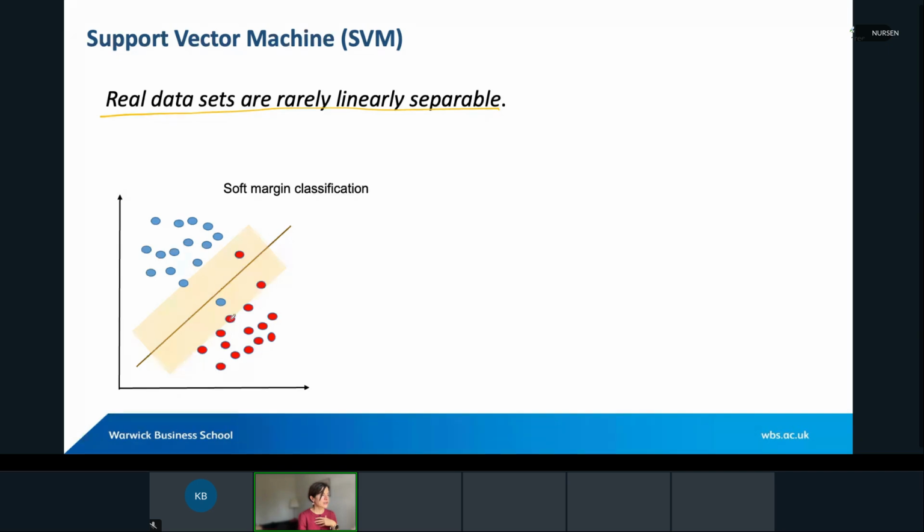As you see here, the majority of the points are here and here. This decision boundary is far away from the majority. So we can make errors while searching for the best decision boundary, but at some point we may not find the perfect one. We allow the model to make mistakes, but still we are far away from the majority.